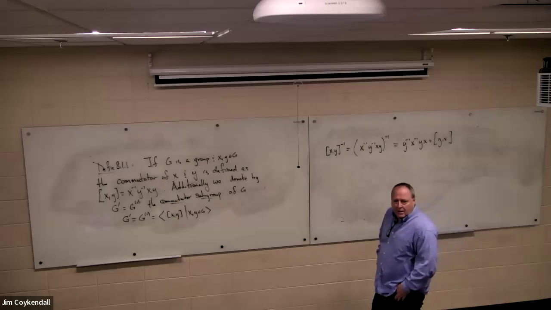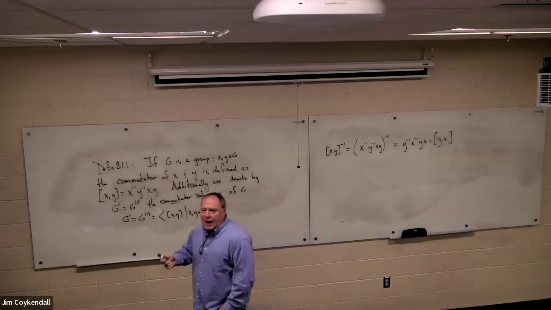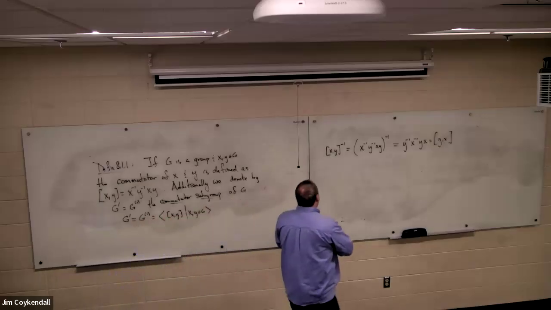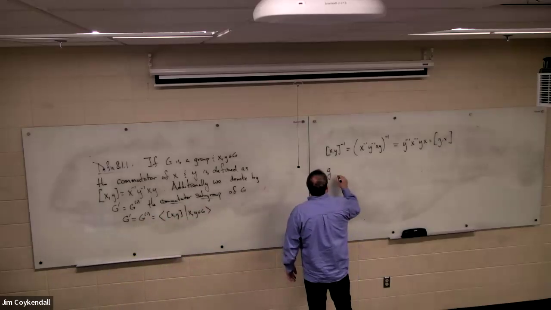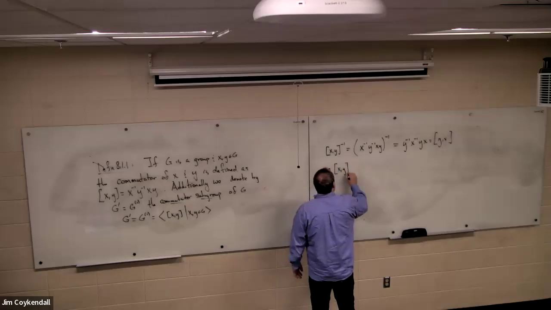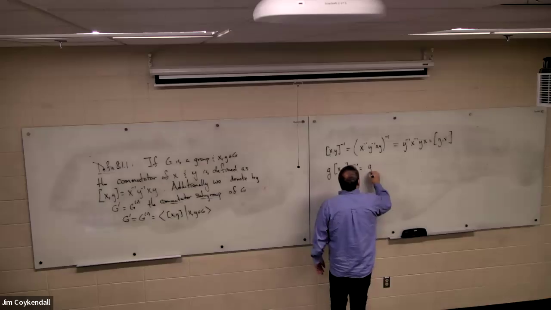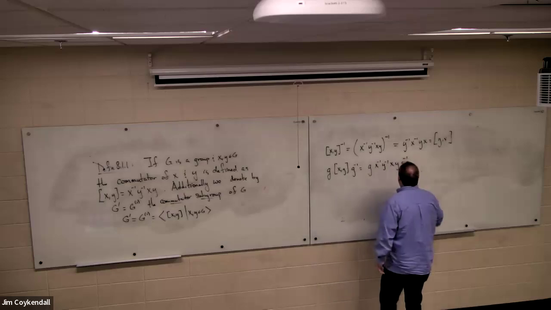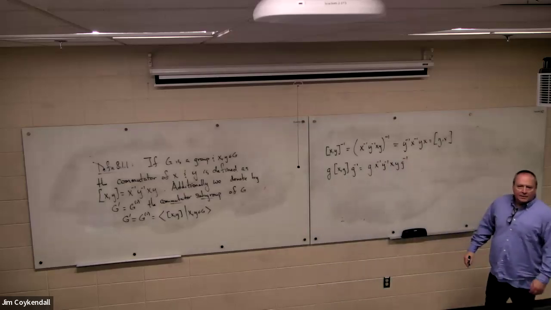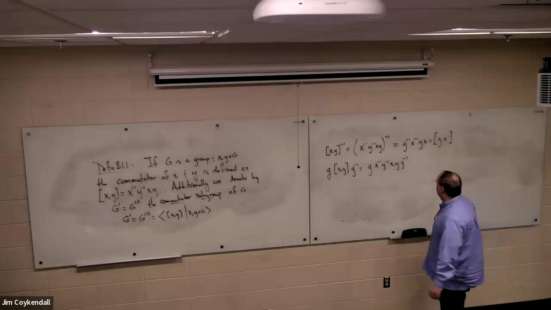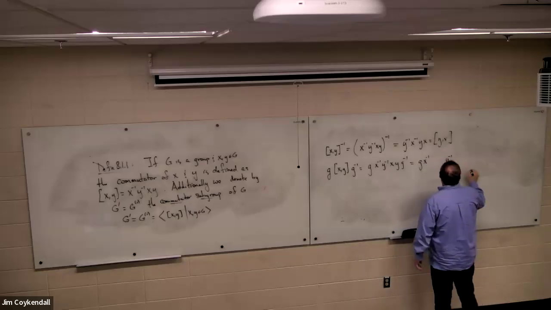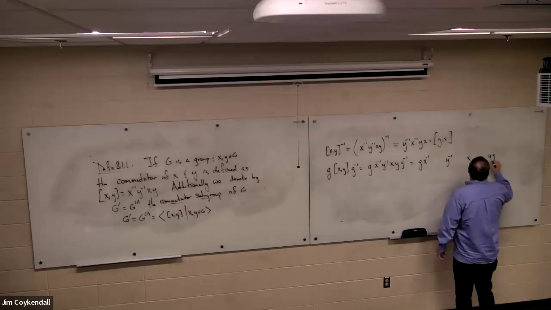Everybody agree with that? You also proved in that homework that if you have a conjugate of a commutator, it's still a commutator, right? So if you have g, xy, g inverse, this is g x inverse, y inverse, x, y, g inverse. Agreed? Now, let me use my usual flair for the dramatic.